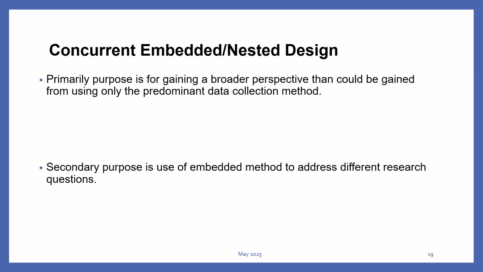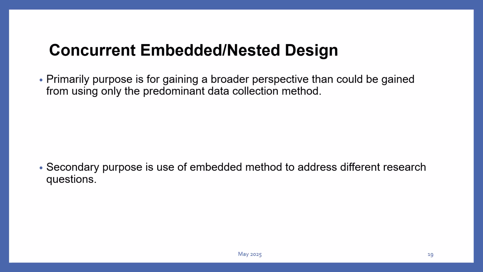So regarding concurrent embedded or nested design, the primary purpose is gaining a broader perspective than could be gained from using only the predominant data collection method. As we mentioned, we have one dominant method, which could be quantitative or qualitative.